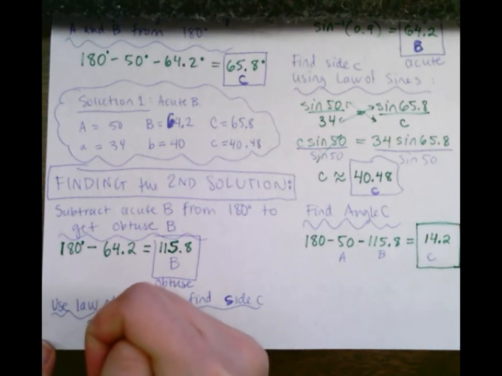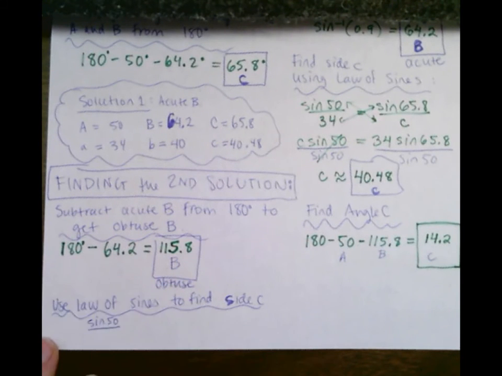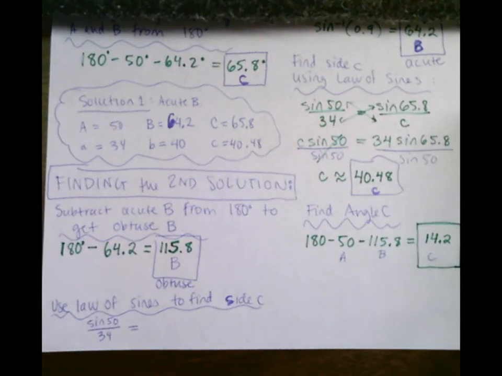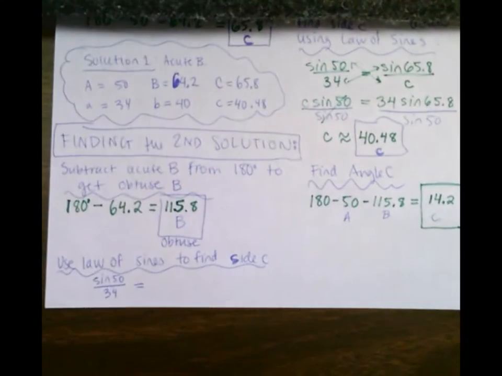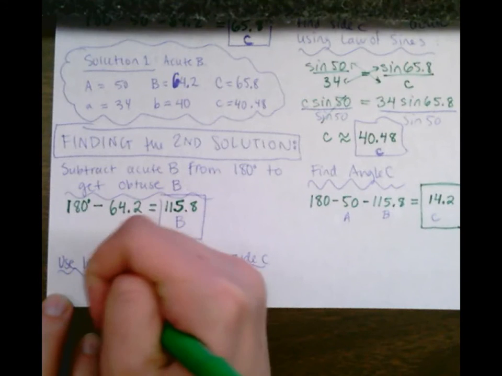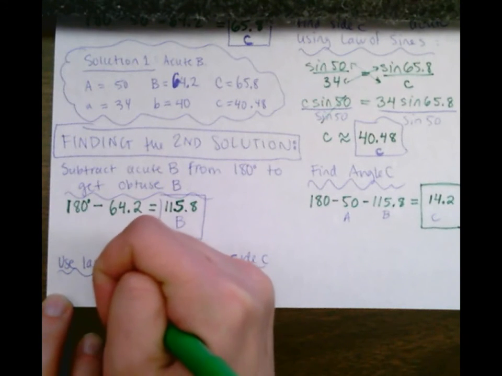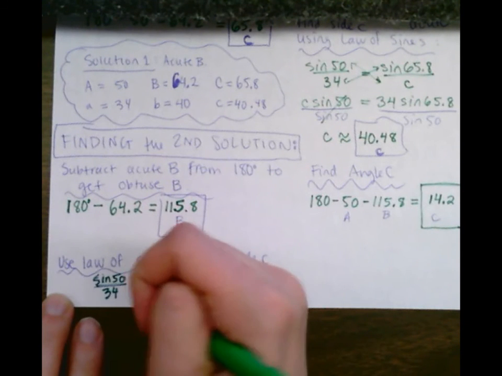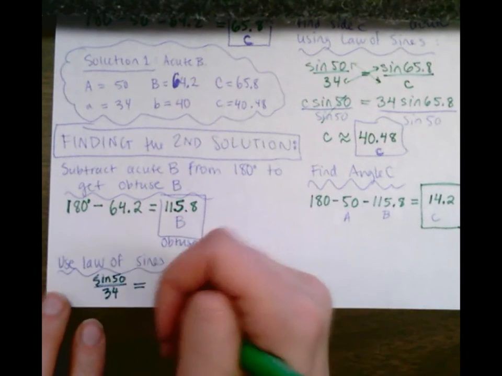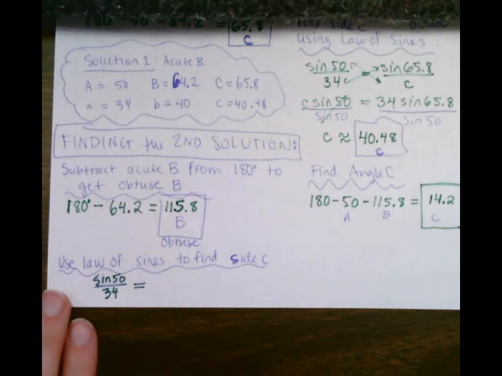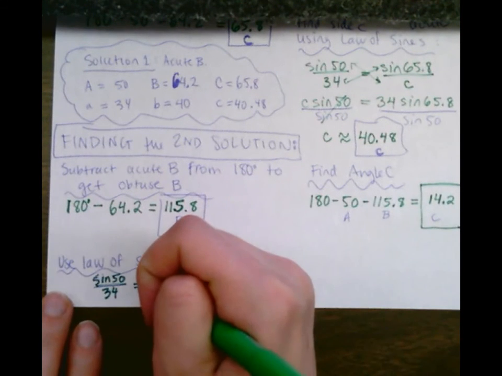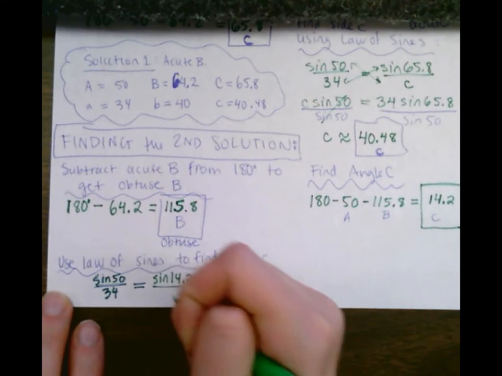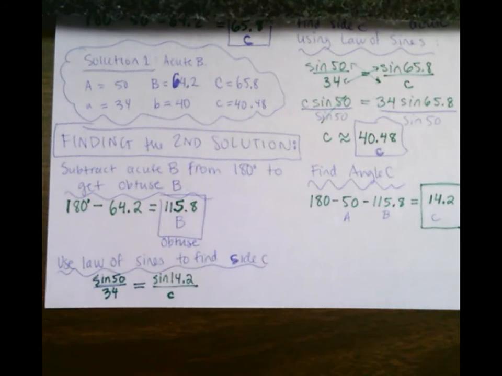Sine of A, 50 degrees, divided by the length of side A, which is 34, is equal to sine of C, so that's sine of 14.2, divided by little c. That's the unknown.